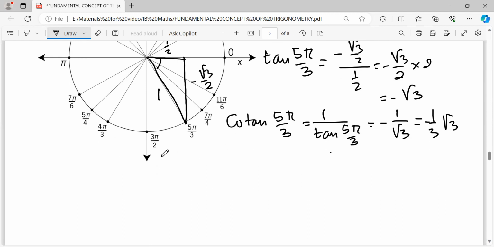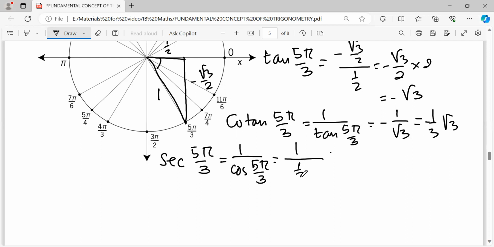And after that, the secant of 5 pi over 3 equals 1 over cosine 5 pi over 3, equals 1 over 1/2, which equals 2.